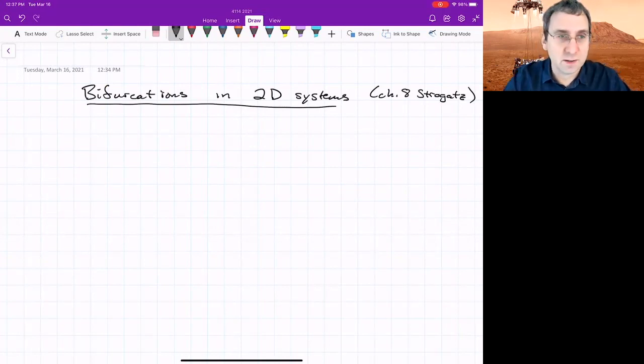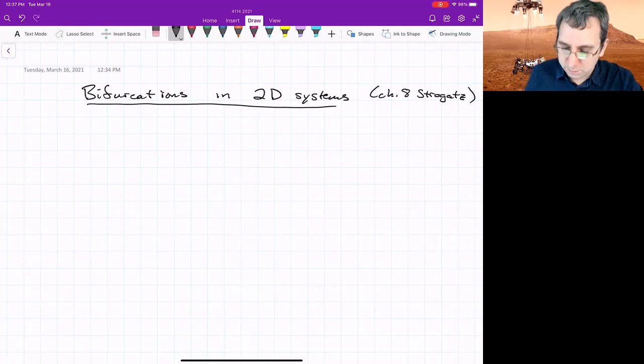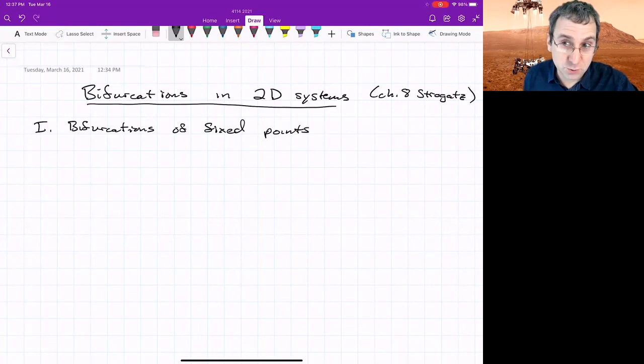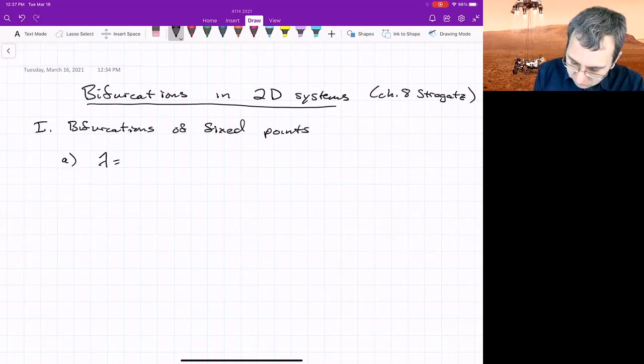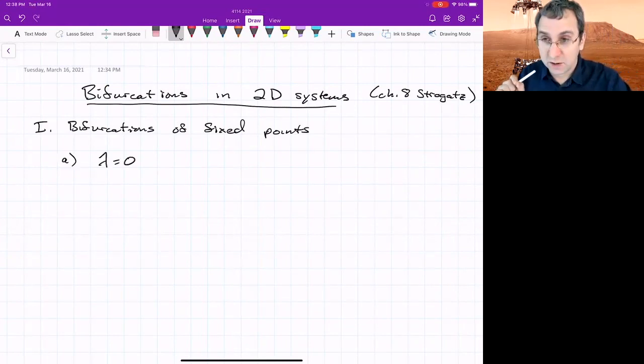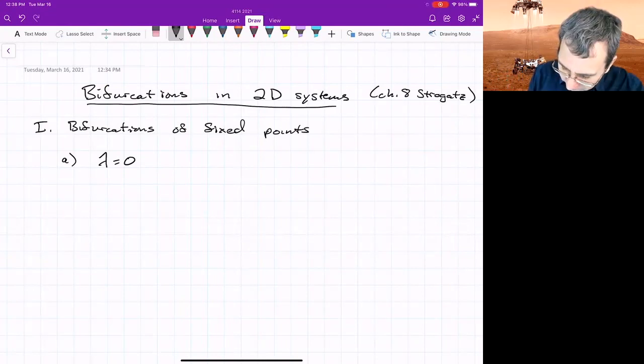And there's some broad categories. There's bifurcations of fixed points, and they're in two broad categories. Bifurcations related to one of the eigenvalues of the fixed point going to zero. Remember, in general, for fixed points in 2D, we'll have two eigenvalues. But if one of them goes to zero, then it's called a zero eigenvalue bifurcation.